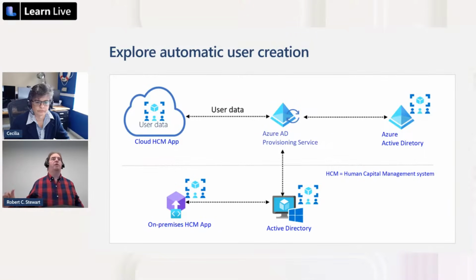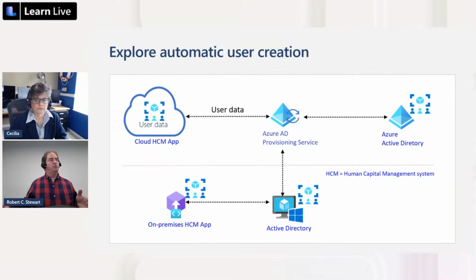So we have within Azure User Provisioning adopted the industry standard that is SCIM, System for Cross-Domain Identity Management. That allows you to actually link your Azure AD up to your, we call it a human capital management system, but your HR systems, to be able to send a record that will automatically create a new user, put in the basic information based off of your capital management system: username, first name, last name, job title, all of that type of stuff, so that you don't always have to manually do this.